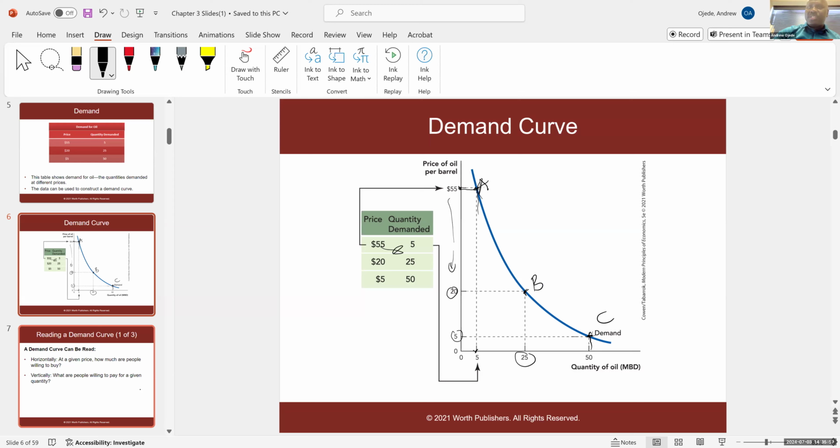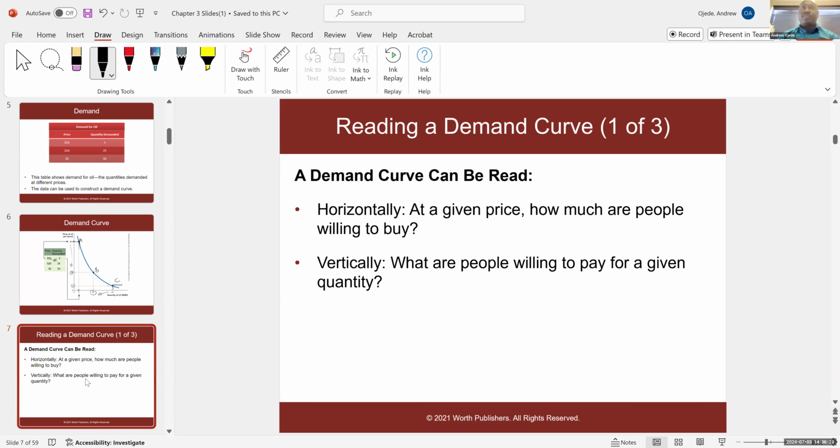If you move from C to B, price went from $5 to $20, which leads to a decrease in quantity demanded from 50 to 25. If you further move from point B to point A, price rises from $20 to $55, and quantity demanded further reduces from 25 to 5. So it goes either way. It's an inverse correlation between those two variables.